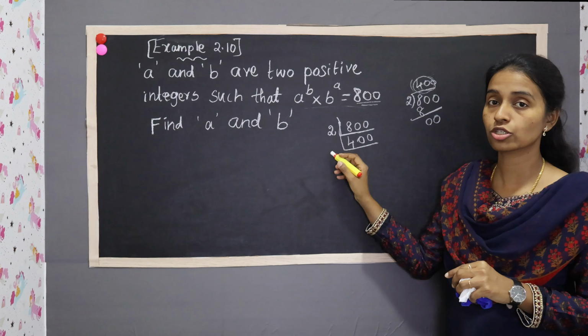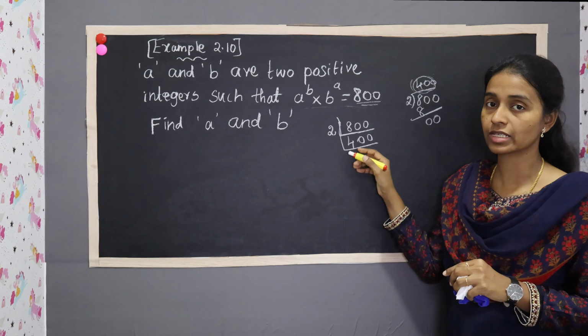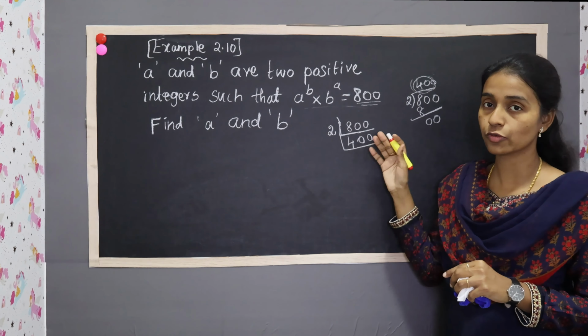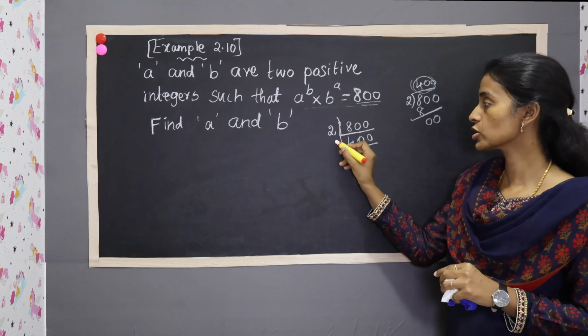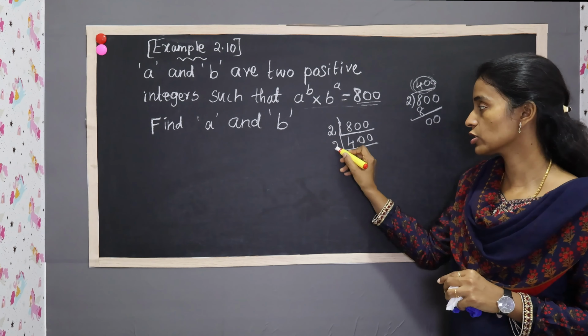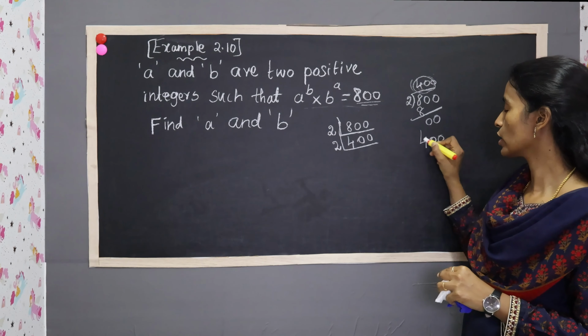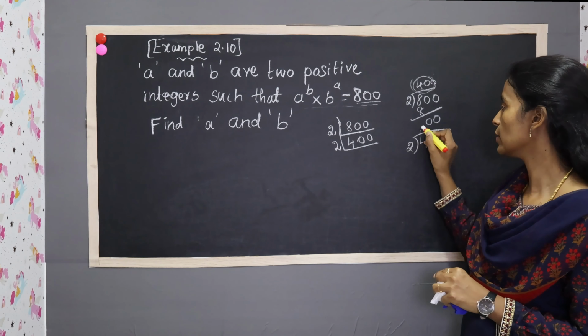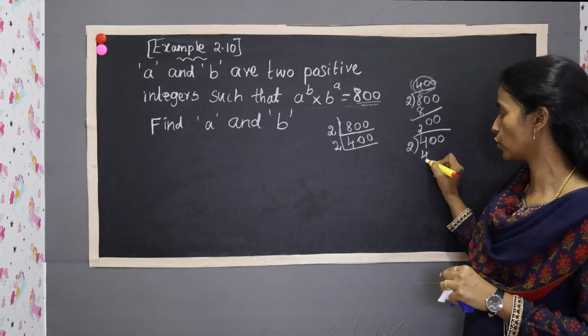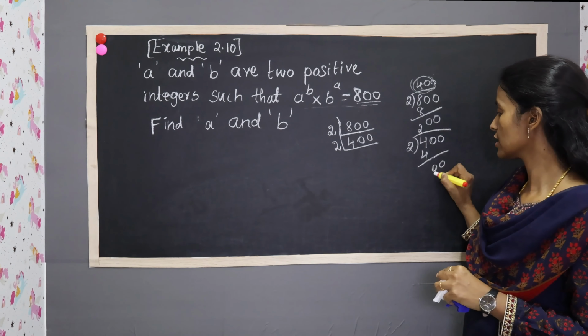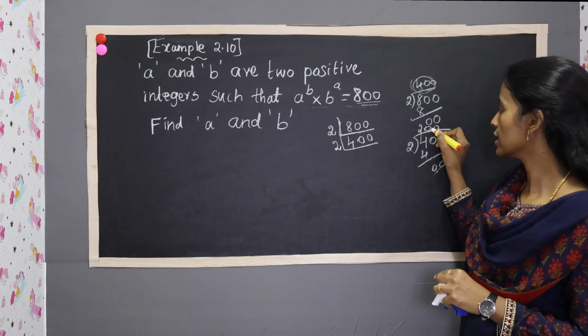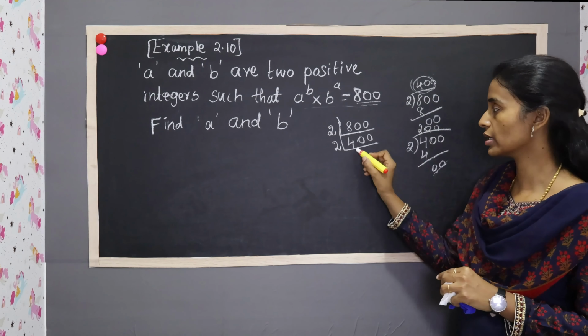If I take number 2 again, we can divide this 400 completely, right? So I am taking 2 outside. If I divide 400 by 2, I'll get 2 into 2, 4, and I can bring the 0 here. So the answer is 200, right?